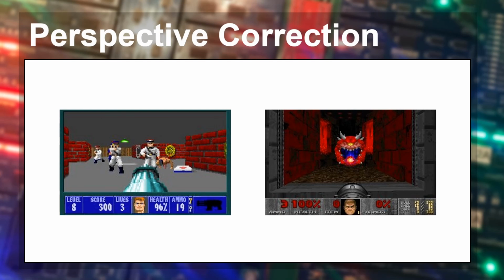When we're doing perspective correction, we're dividing by a value related to the depth. And so the way that Doom and Wolfenstein managed to do this quickly is by taking advantage of what we call lines of constant Z. So on these walls, any vertical line contains the same Z value. And so we can just do the divide once for each vertical column.